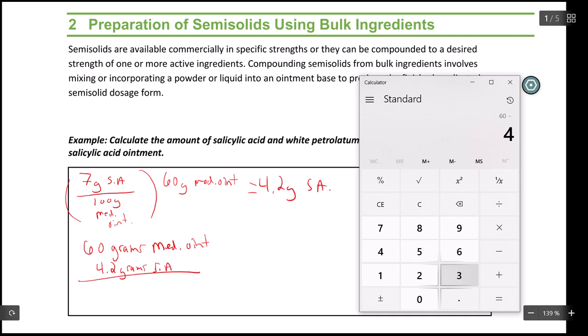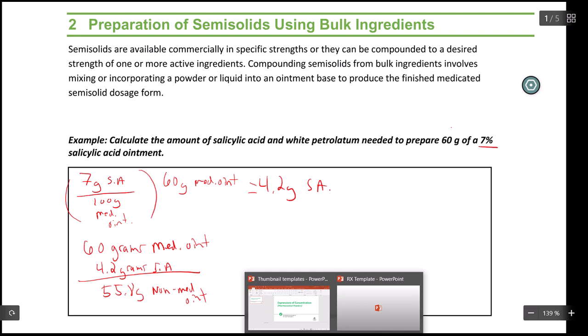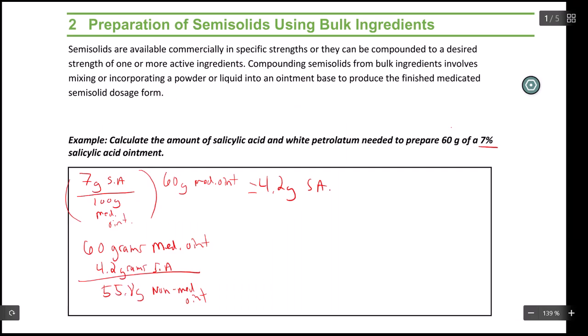So if I take 60 grams and subtract 4.2, I know I have to put 55.8 grams of non-medicated ointment. So in our picture here, I'm going to put 55.8 grams of this ointment. I'm going to mix it with 4.2 grams of this, and I'm going to get 60 grams total. That's how I would make 60 grams of a 7% salicylic acid ointment.